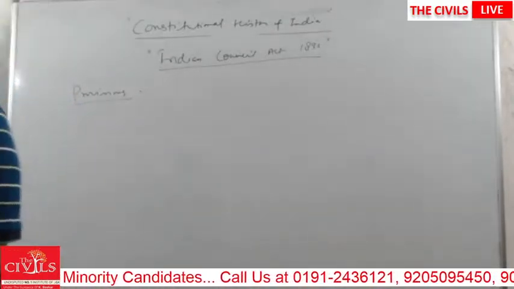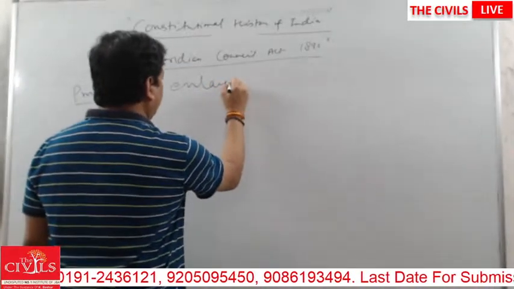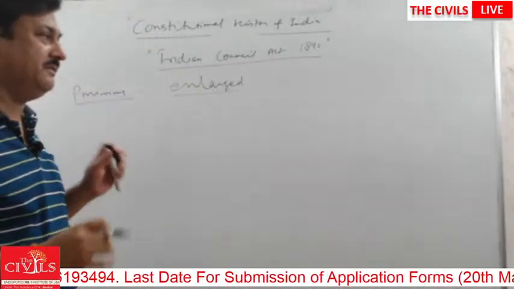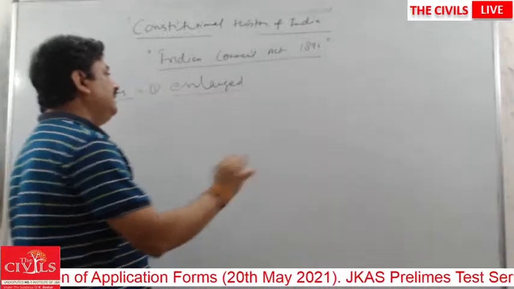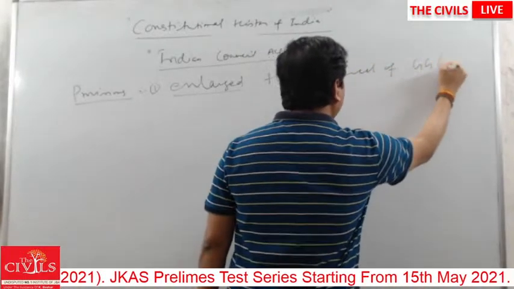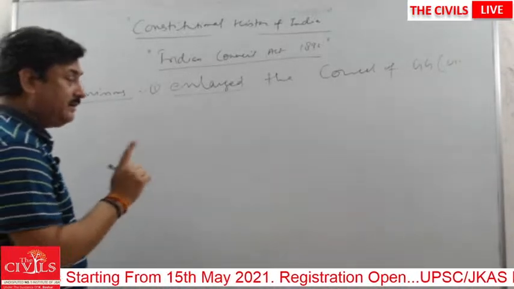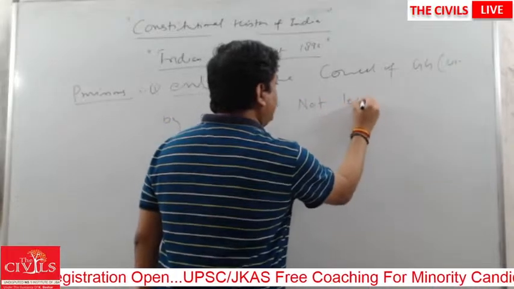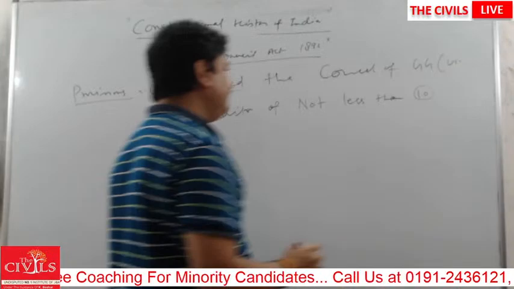The first provision was that this act enlarged the Executive Council of the Governor General or Viceroy by the addition of not less than 10 members and not more than 16 members.